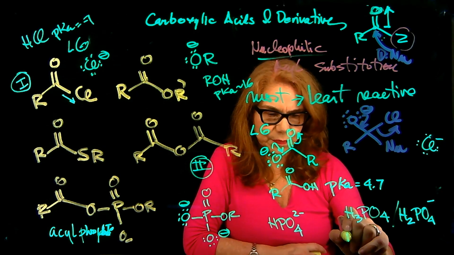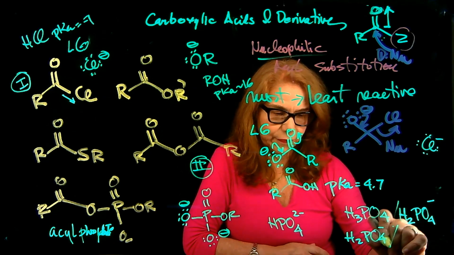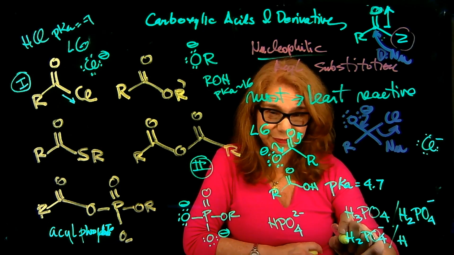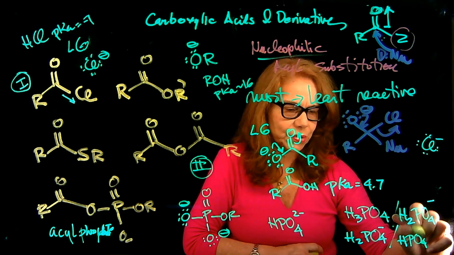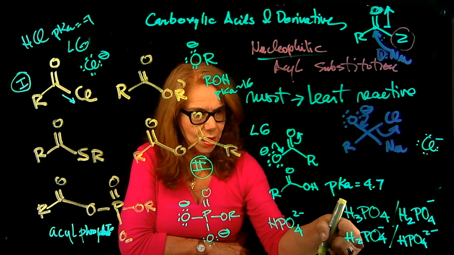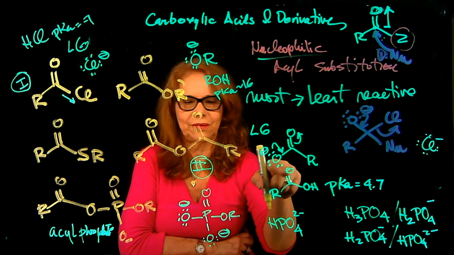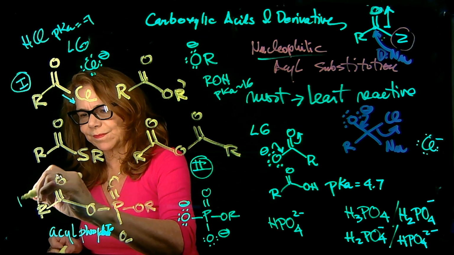With that being the acid now, the conjugate base will be hydrogen phosphate, 2 negative. It's not as strong an acid. So this will be a good leaving group, but not as great as that. So I'm going to rank this third.